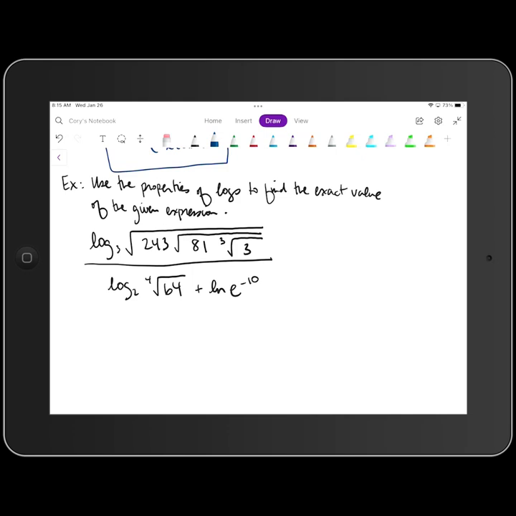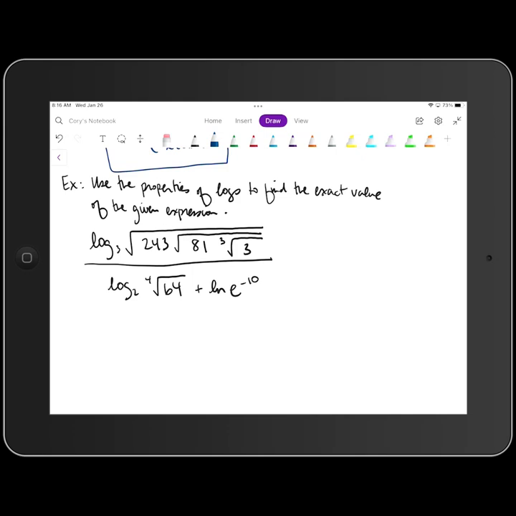The directions here ask you to use the properties of logs to find the exact value of the given expression. For this example, we are given the log base 3 of the square root of 243 times the square root of 81 times the cube root of 3.